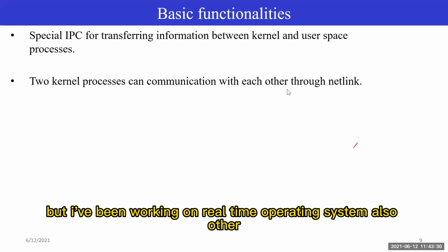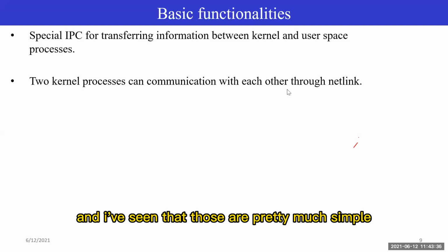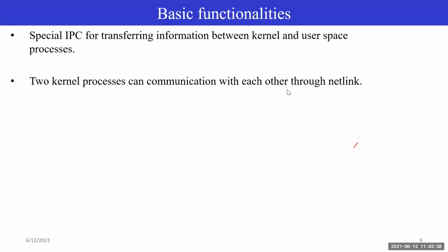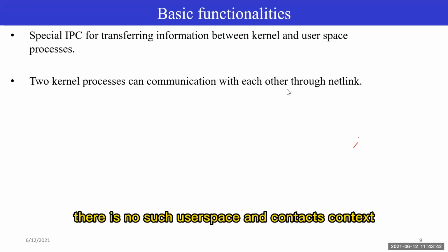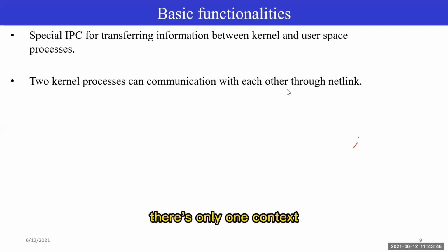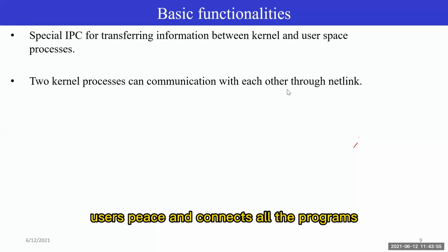But I have been working on real-time operating systems other than Linux, and I have seen that those are pretty simple. And believe me, in many operating systems, there is no such user space and kernel space context. There is only one context. All are system context or kernel context. So there is no context switching between user space and kernel space.